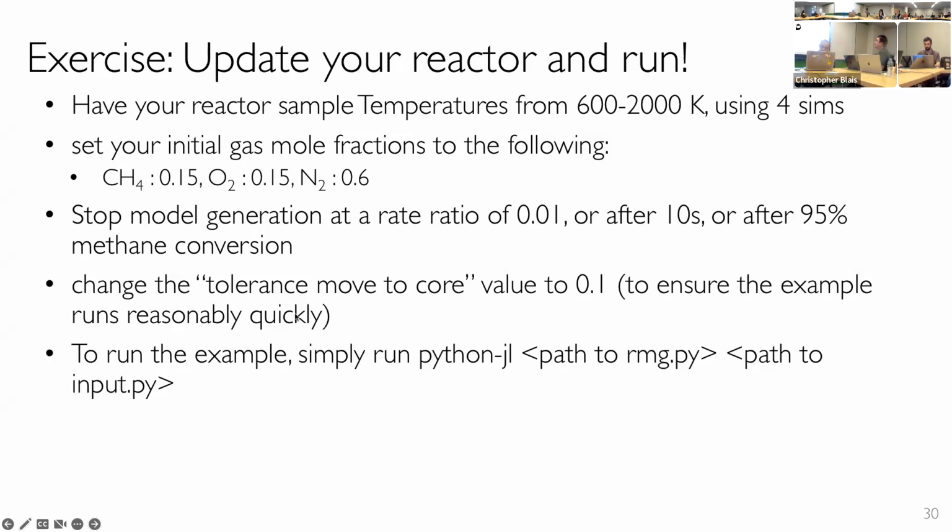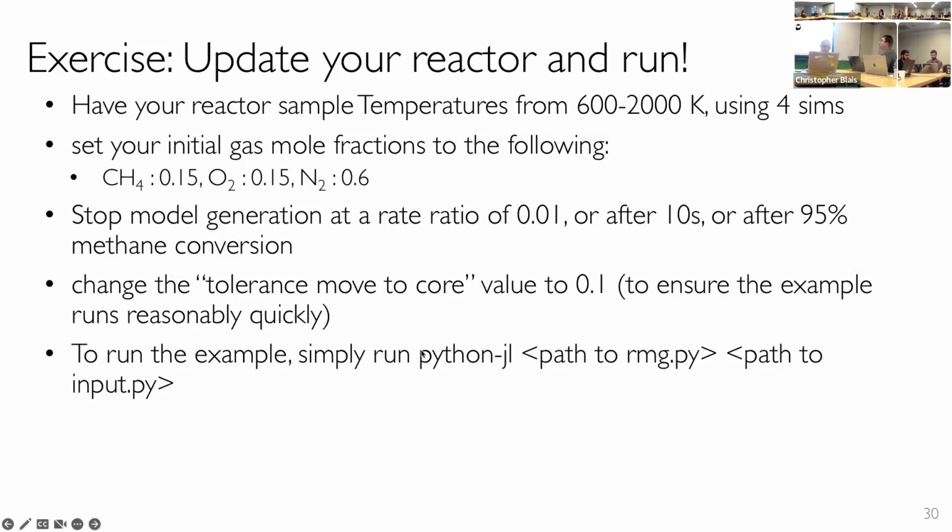And then this last piece, you don't have to do this. I think in the example it's set to our default value, which is 10 to the -5. But it finishes a lot quicker if, for the tolerance move to core, you set it to 0.1. I think it finishes for me in about 2 minutes.